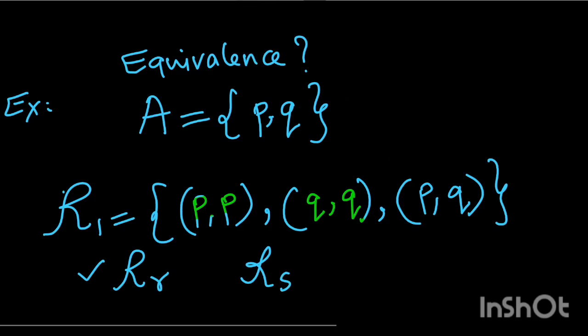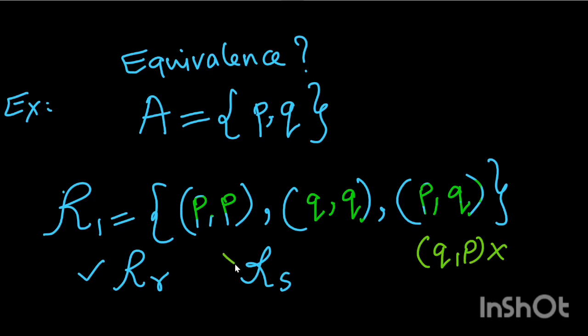PQ is there, so it also requires QP to be an element, but QP is not present here. So it's not a symmetric relation. If any one condition fails, we won't test for transitivity, and it won't be an equivalence relation.